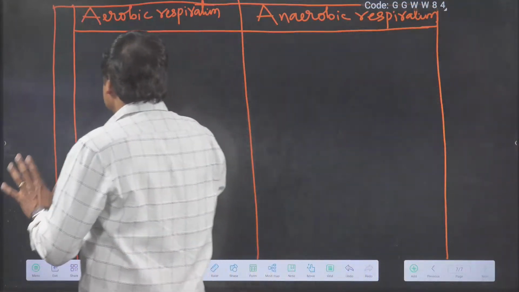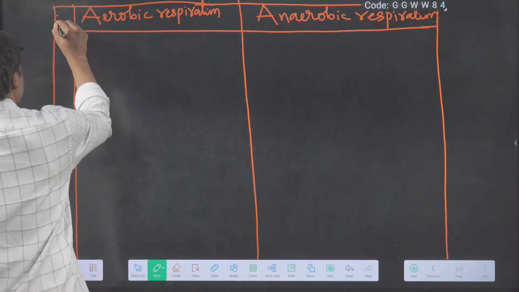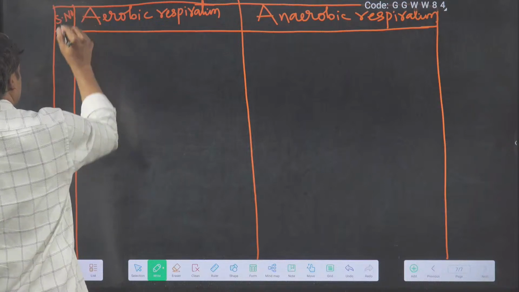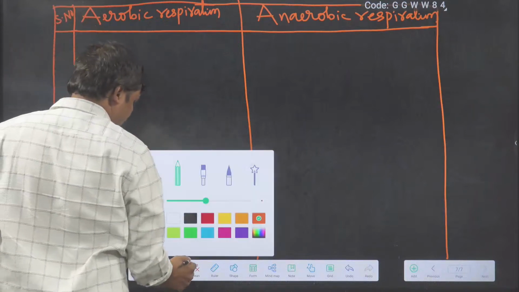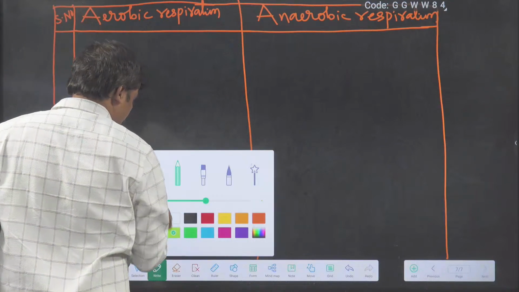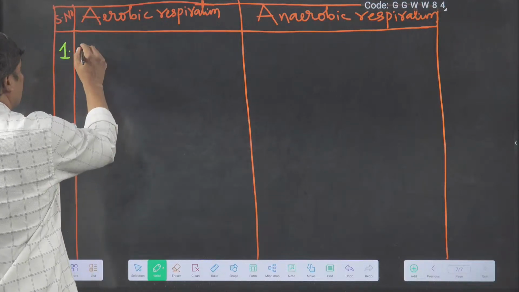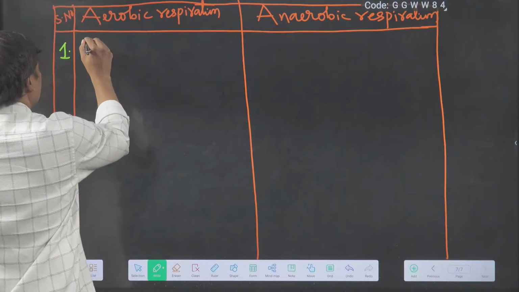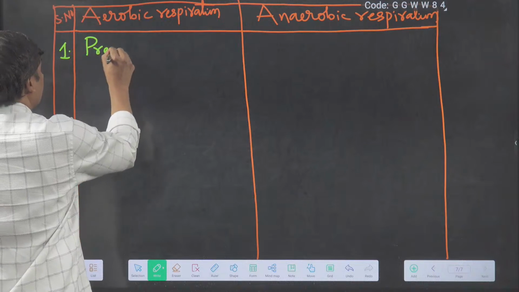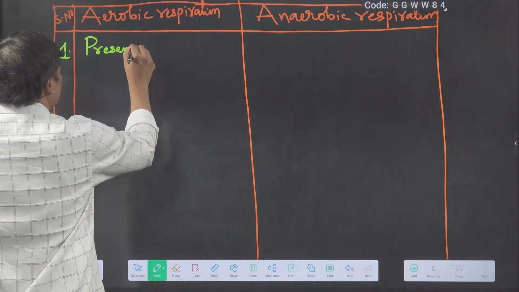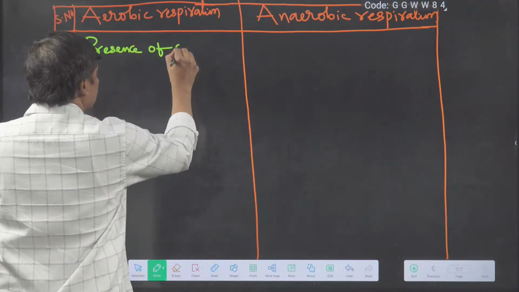Just basic points. First one: it occurs in the presence of oxygen.